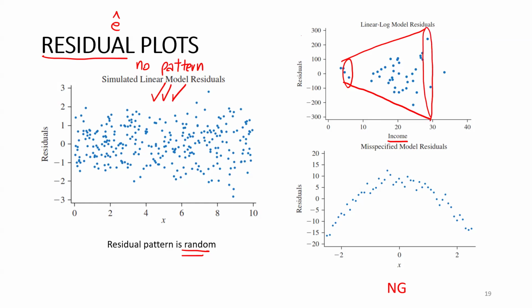This is called non-constant variance. In technical terms, you face heteroscedasticity, or in short, the hetero problem.